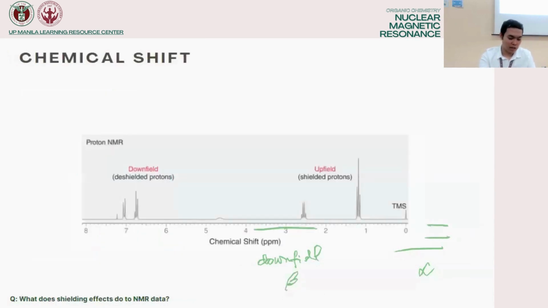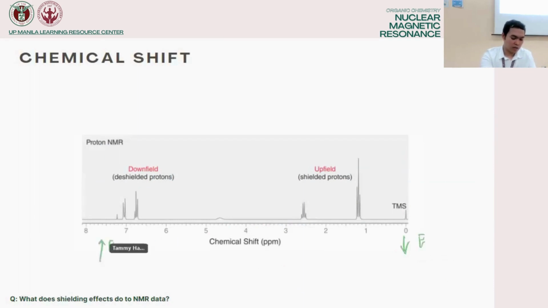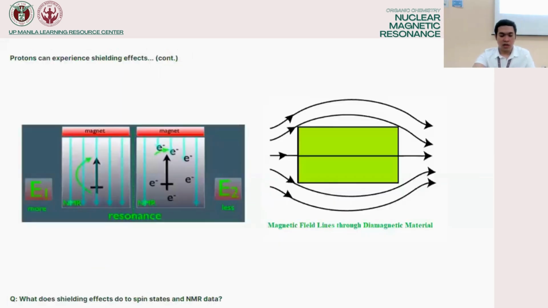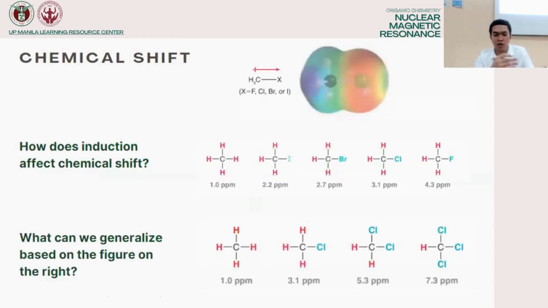At 0 ppm, this is at lower energy, but here, higher energy. So this is upfield, shielded. This is downfield, deshielded. Aside from its nature, if it's diamagnetic, chemical shift and inductive effects can happen.